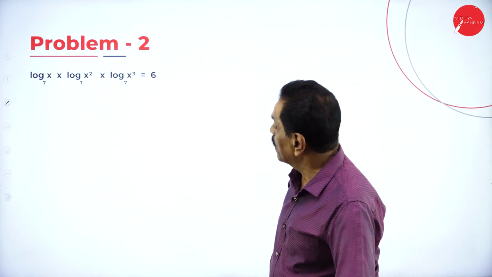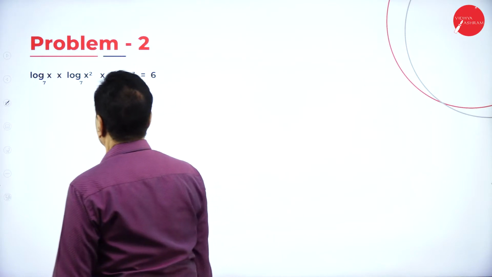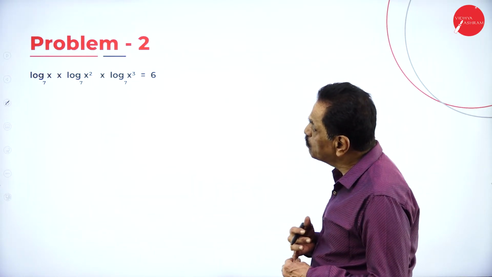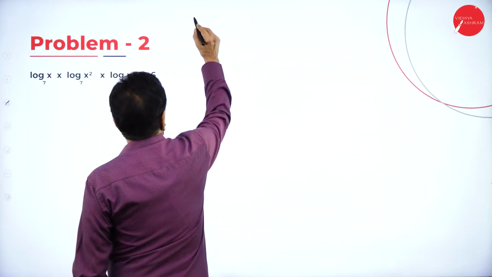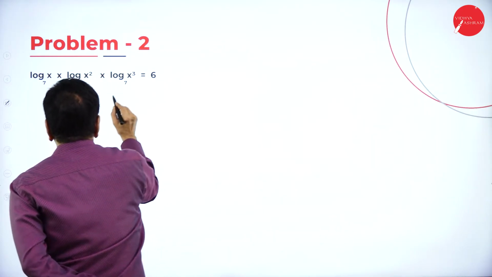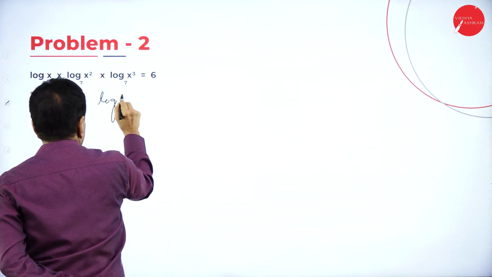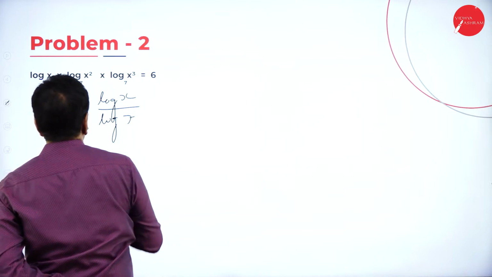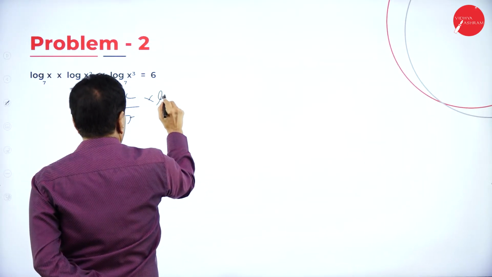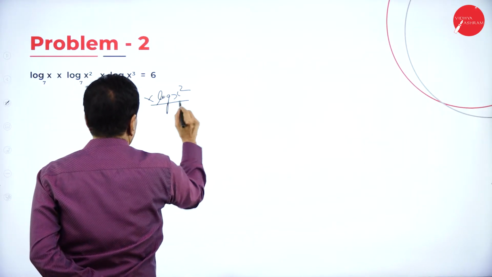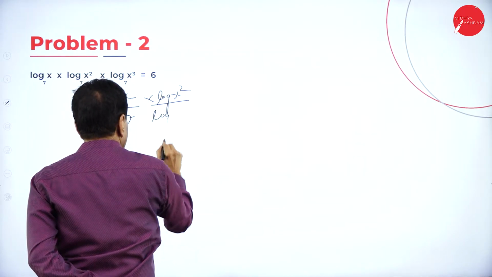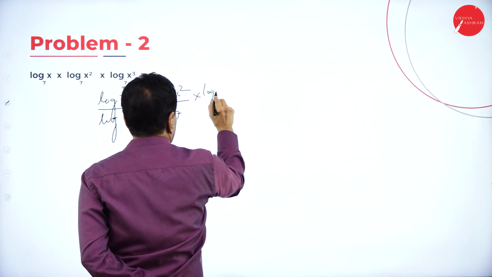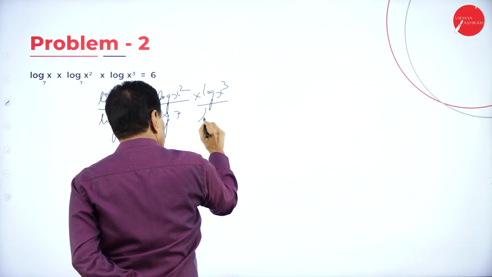What does the problem say? Log x to the base 7, log x squared to the base 7, log x cubed to the base 7. You can write log x divided by log 7, into log x squared to the base log 7, into log x cubed to the base log 7.